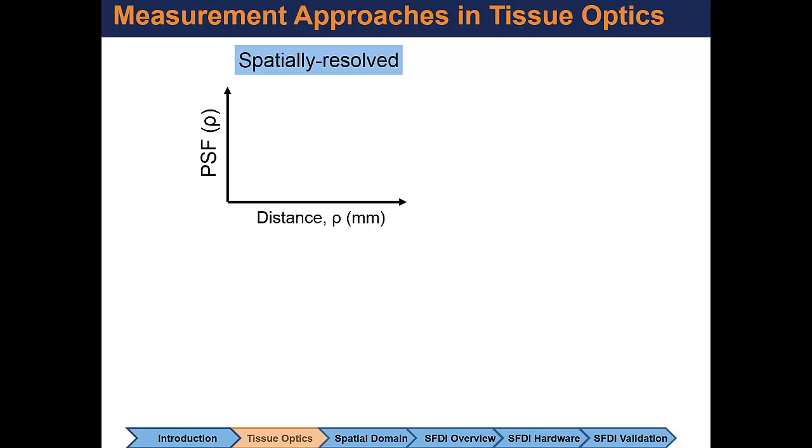If I shine a delta function in, what comes back in reflectance or transmission is a point spread function, or a diffuse reflectance that has this shape, and I can make a measurement versus distance. I can make this measurement with a camera or a series of fibers that are radially distributed from the source. There are various ways you can do that.